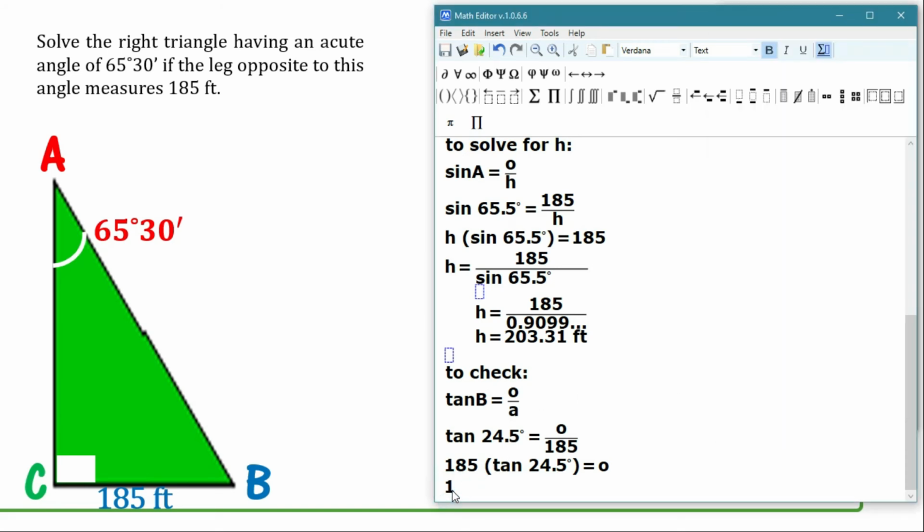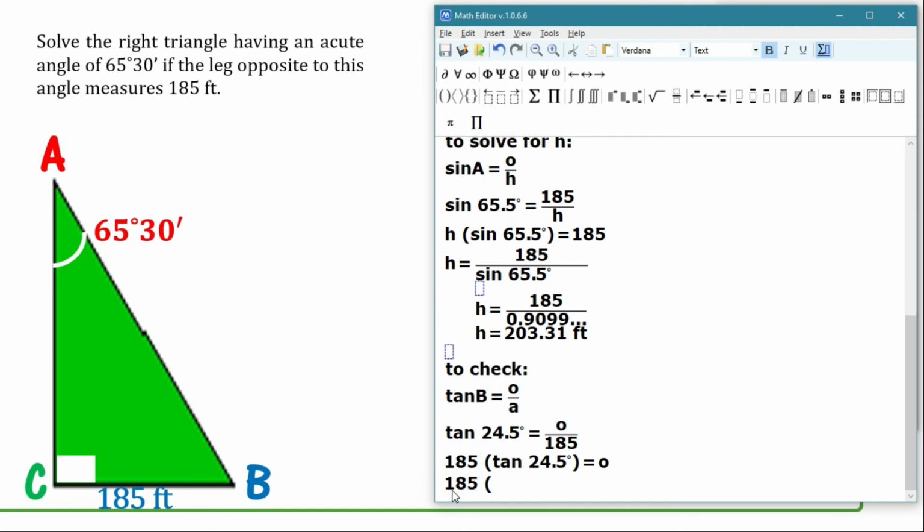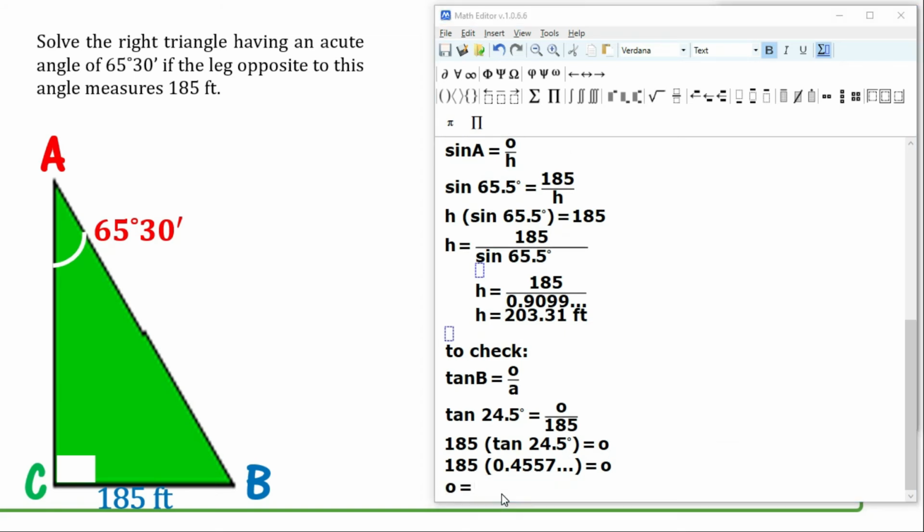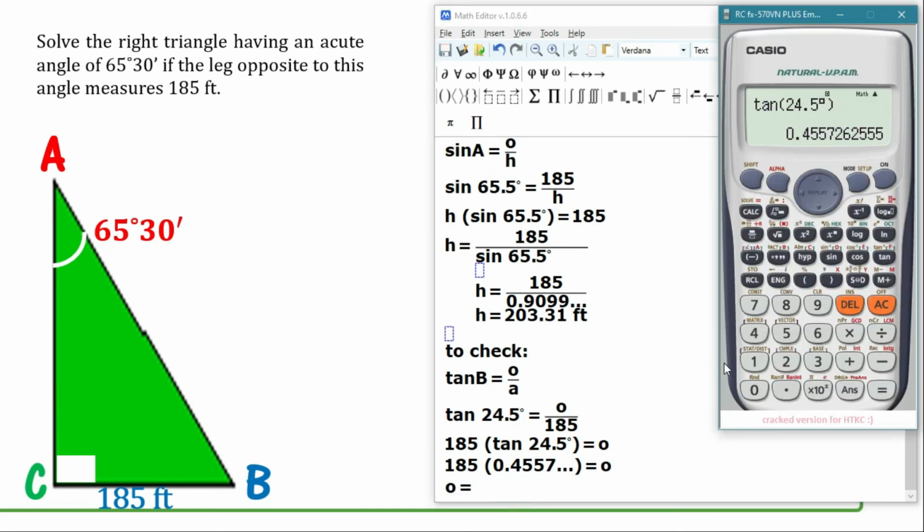So we have 185 times 0.4557, and then we put ellipsis, meaning to say again and again there are still significant figures after it. So we have that one, and then simplifying that one, the value of O, which happens to be the adjacent side prior to angle A, so we have to multiply it by 185, that's gonna be 84.31.